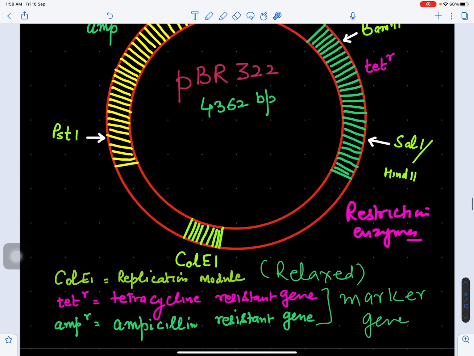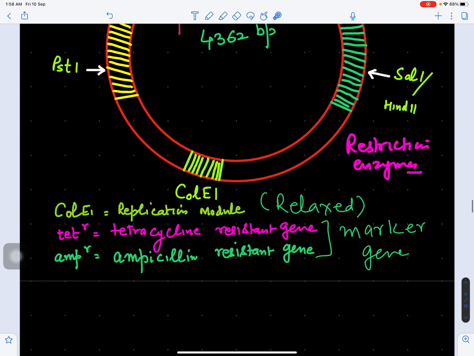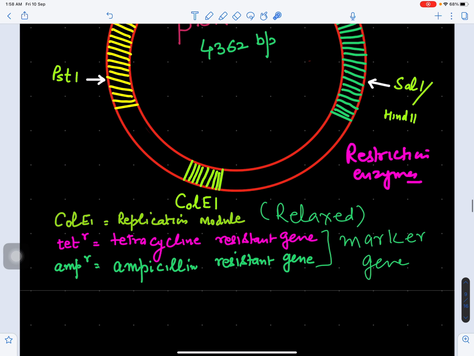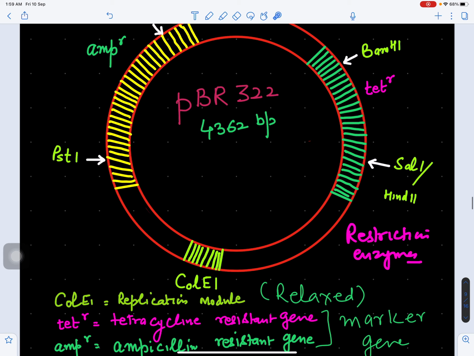So this is the genetic map of pBR322. This is the ori point, this is the ampicillin resistant gene, this is the tetracycline resistant gene, and these are the points where restriction enzymes cut. So this has multiple restriction sites. This is an artificially constructed vector, called pBR322. Here I have written the abbreviations. ColE1 is for the replication module, showing relaxed mode, replicating independent of the bacterial genome. These are the marker genes or antibiotic resistant genes present in this artificially constructed vector, and it also has multiple sites for restriction enzymes.